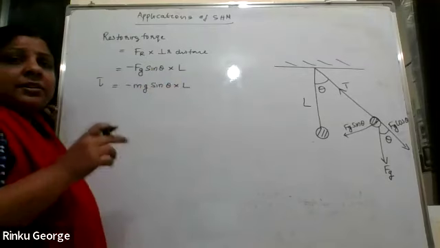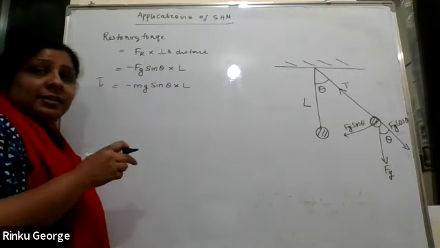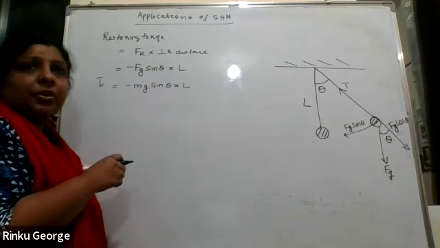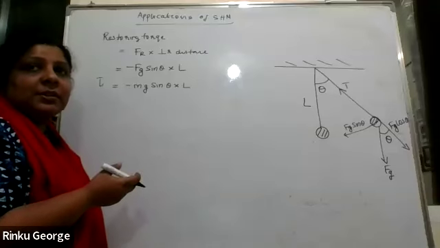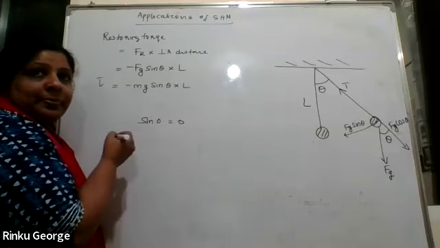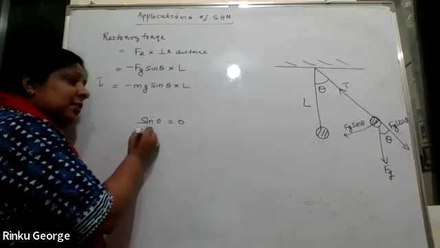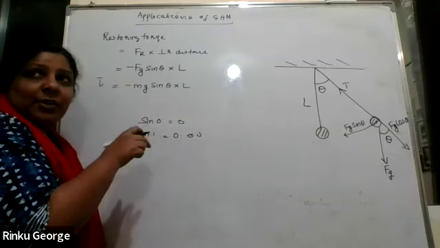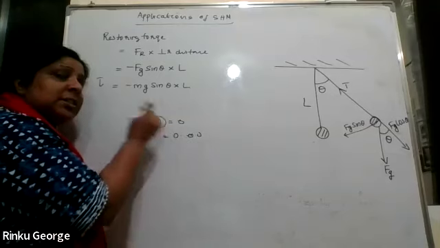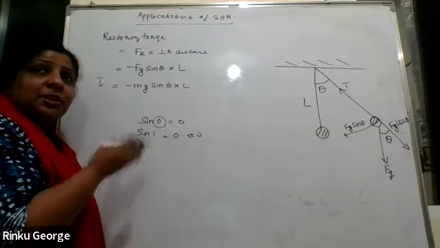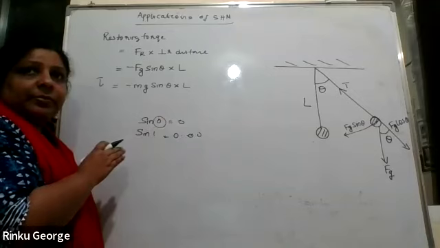Now listen, for smaller angles, sin theta is approximately equal to theta. You will study this in maths later. Sin 0 is 0, sin 1 degree will be 0.01 or so, a very small value. That means if the angle is small, you can approximate sin theta as theta itself.